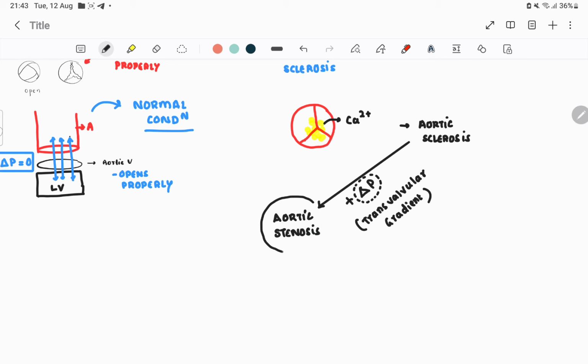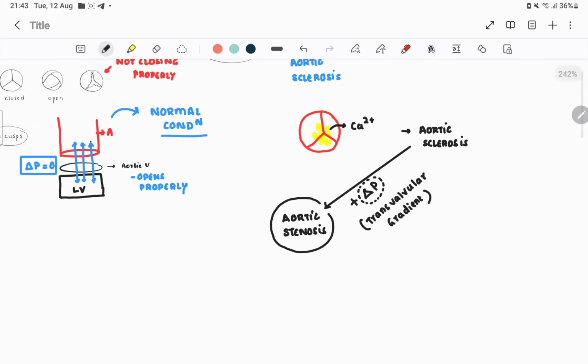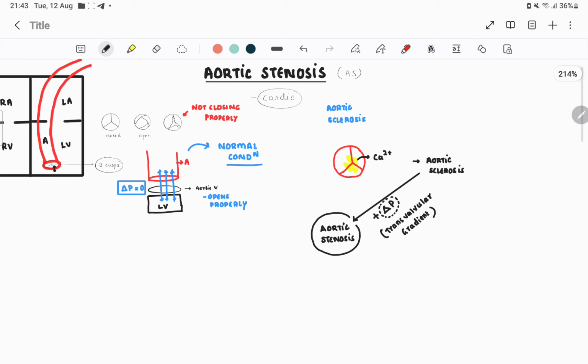Slip of tongue, aortic stenosis. So now you understood what is aortic stenosis. This pressure gradient basically is consistent with aortic stenosis.